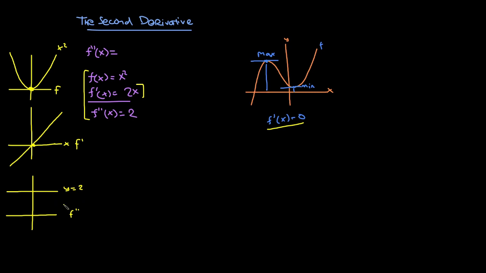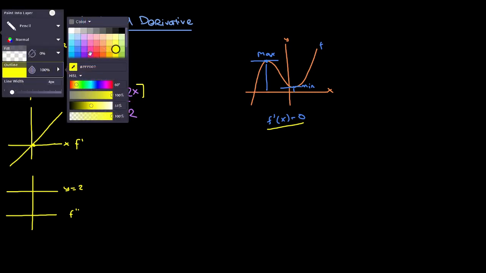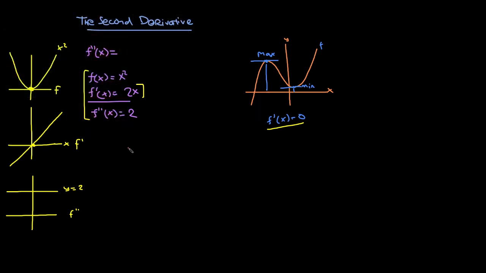So here we have an all positive second derivative, and I want to look at another example just to make it clear what the second derivative can actually tell us. Alright, so another example is going to be in red here, negative x squared. Now this is easy enough, it's exactly the same, but just flipped over, right?